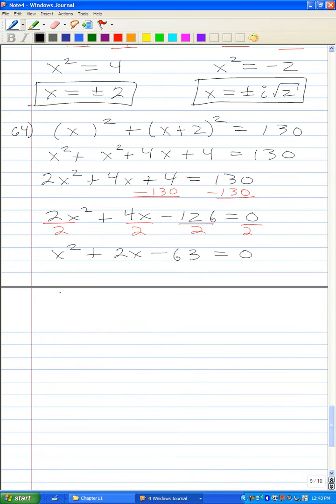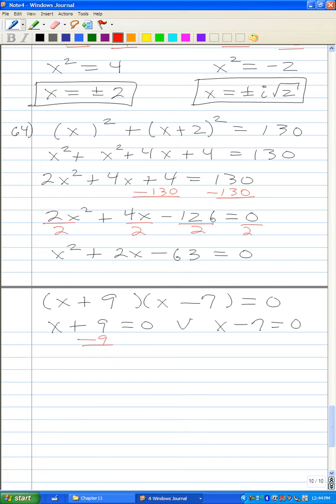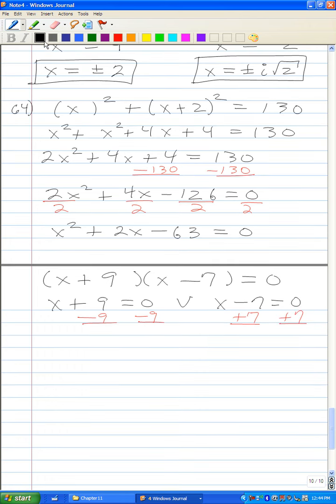This is a monic quadratic, so let me try to factor this. Bring down the x plus, bring down the positive times negative is negative. I want two whole numbers whose product is 63 and whose difference is 2, 9 and 7. Set each factor equal to 0. X plus 9 equals 0. X minus 7 equals 0. Solve for x. Subtract 9. Add 7. So x equals negative 9.